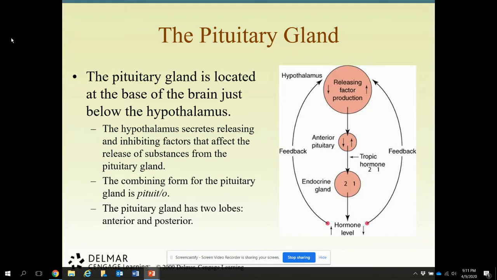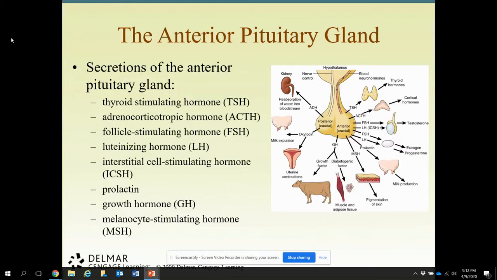The pituitary gland has 2 lobes. There's an anterior portion and a posterior portion. So you can see how the hypothalamus release factor production, anterior pituitary, the endocrine glands, the hormone levels go up and down. There's feedback. So it all works together in kind of a circular motion.